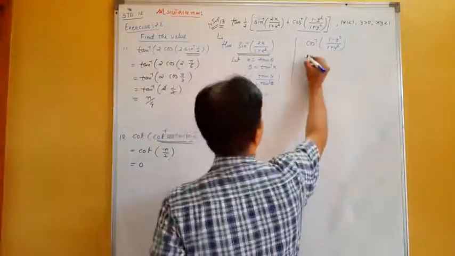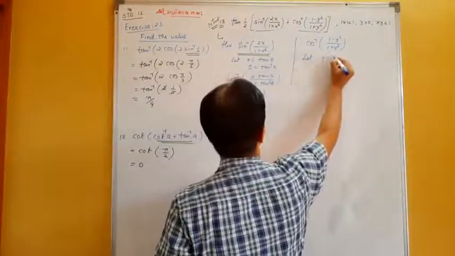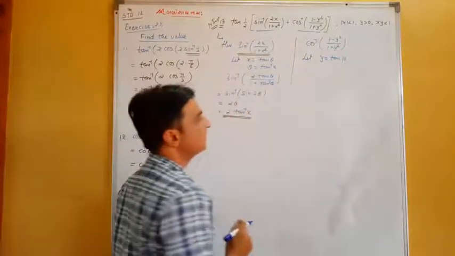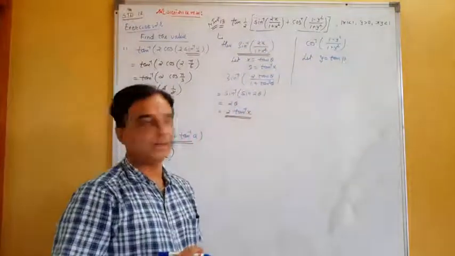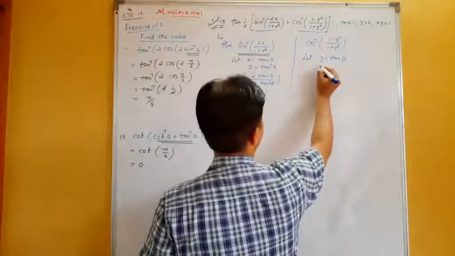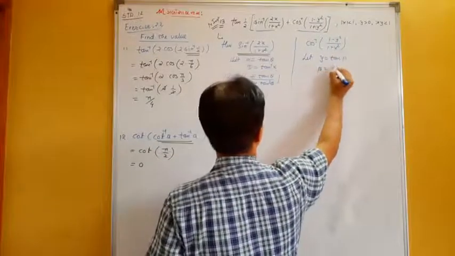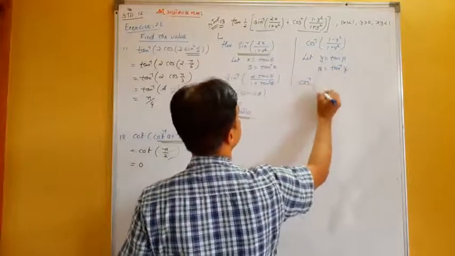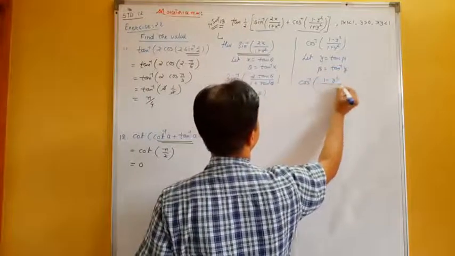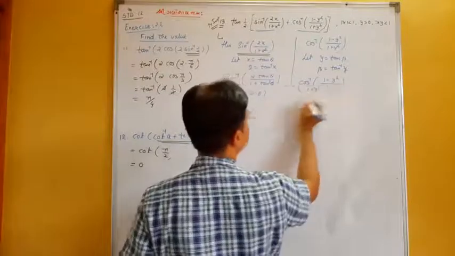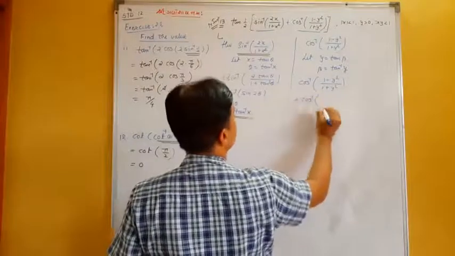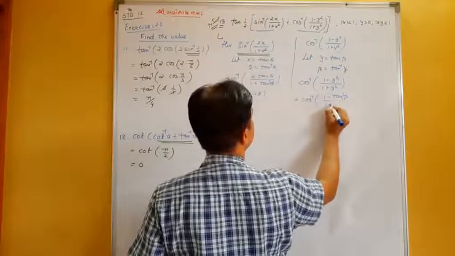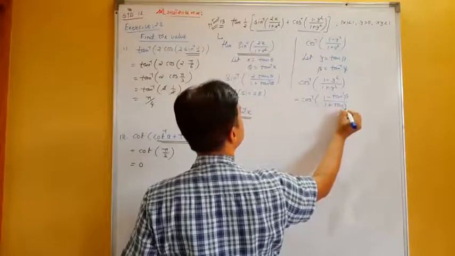Similarly, let y equal tan beta, so beta equals tan inverse y. Now the question: cos inverse 1 minus y square upon 1 plus y square becomes cos inverse 1 minus tan square beta upon 1 plus tan square beta.